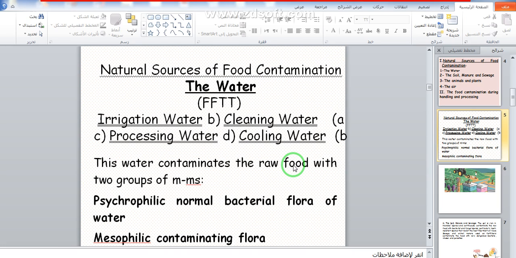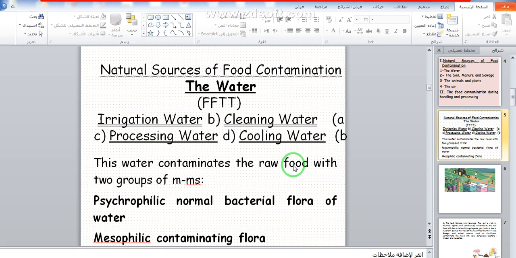The first group, psychrophilic normal bacterial flora of the water, is responsible for food spoilage in a refrigerator, while mesophilic contaminating flora is responsible for foodborne disease and food poisonings.